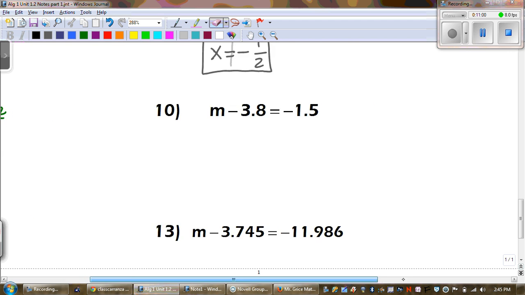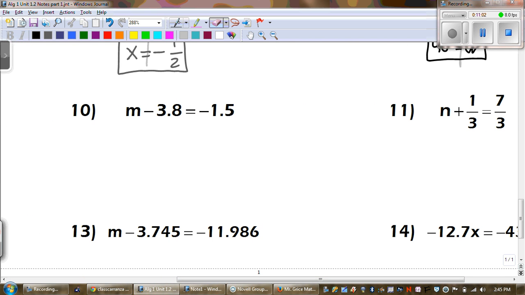All right, number 10. We're going to draw a line. And what operation do we have? Because remember, we want to get that variable by itself, so we do the opposite.